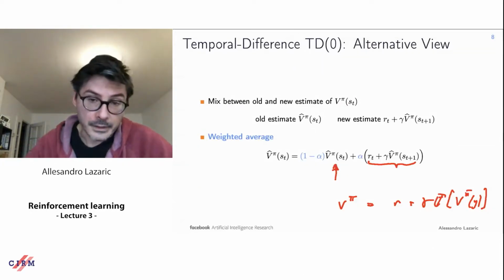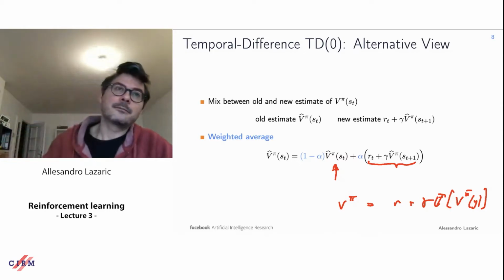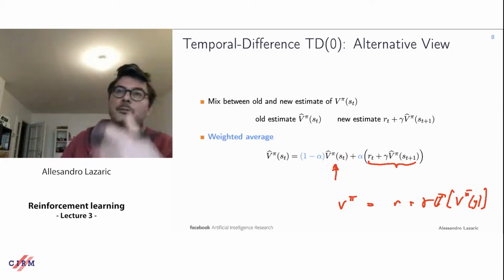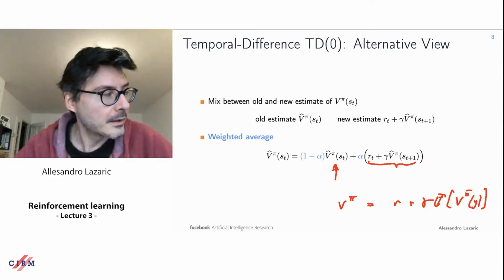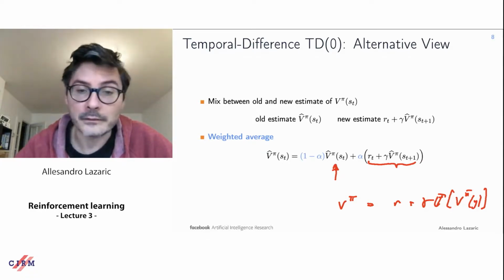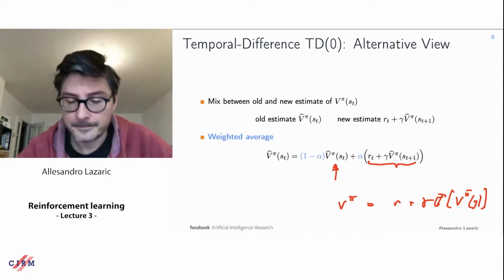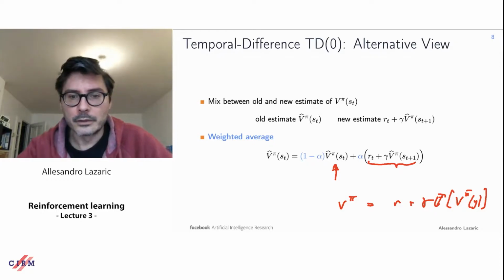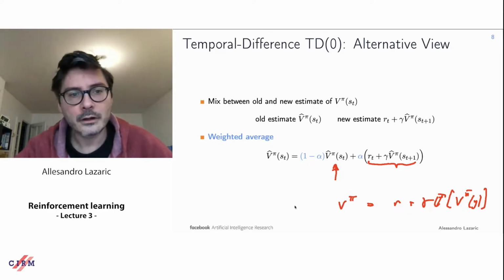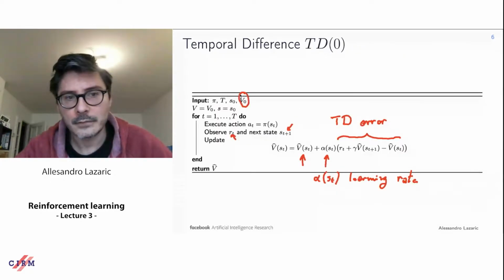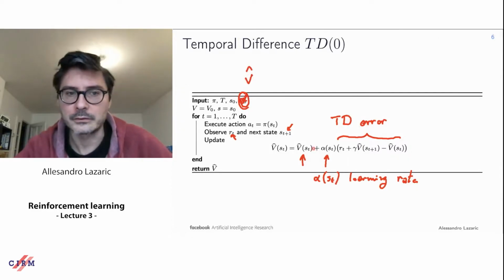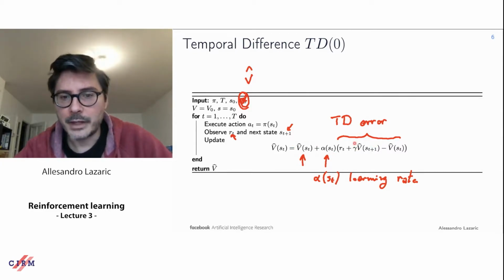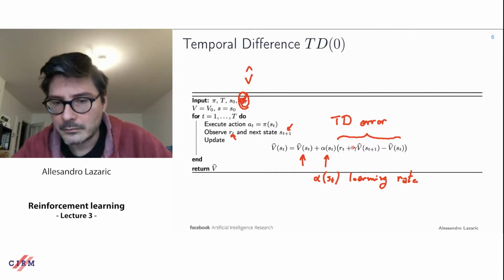I just want to stress that when you look at this type of stuff for the first time, it's really surprising that it works, that it goes anywhere. Because let's look at what we are doing here. We start with the value function, which is arbitrary. I should have called it v hat. So v hat, which is totally arbitrary. And then the way I update my estimates is by using my estimates, right?